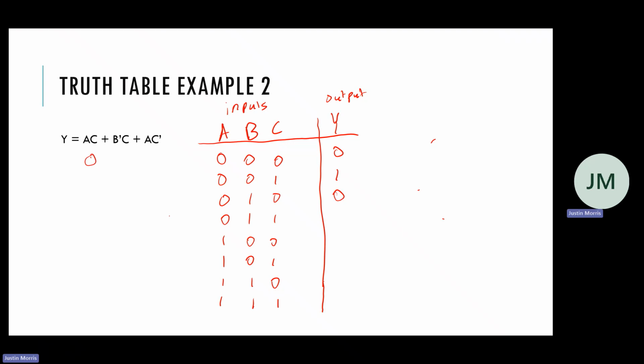B-not C. AC-not. 0 or 0 or 0. Okay, next row. AC. B-not C. And then AC-not. 0 or 0 or 1.